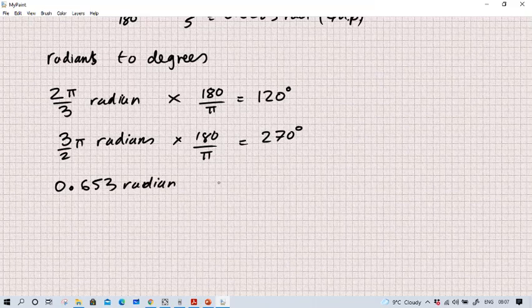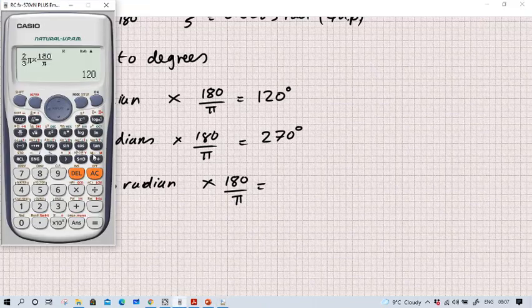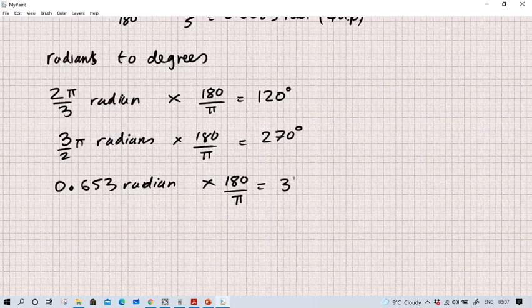Converting to degrees, we multiply by 180 over pi and calculate. So 0.653 times 180 over pi equals 37.414 degrees.